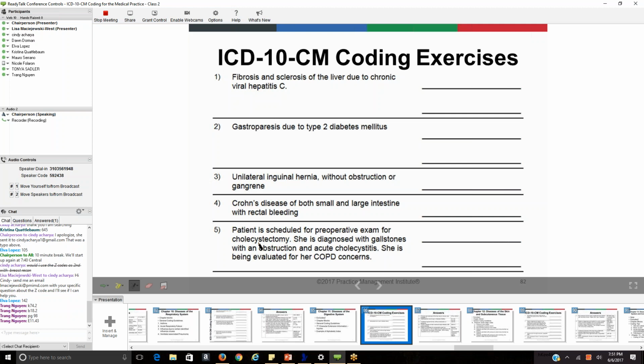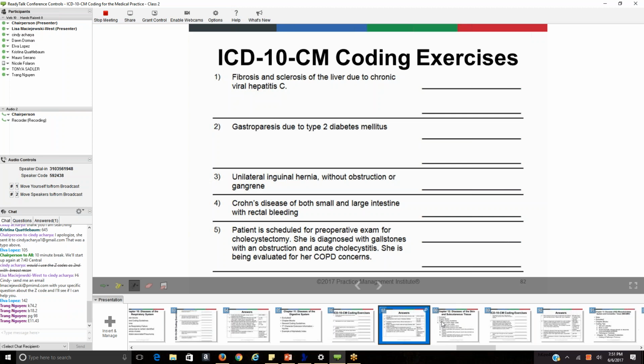So even though we have gastroparesis due to type 2 diabetes mellitus, by going to the tabular, we're told that this code is not the primary code. This code is the secondary code, and we have to code the E11.43 first.